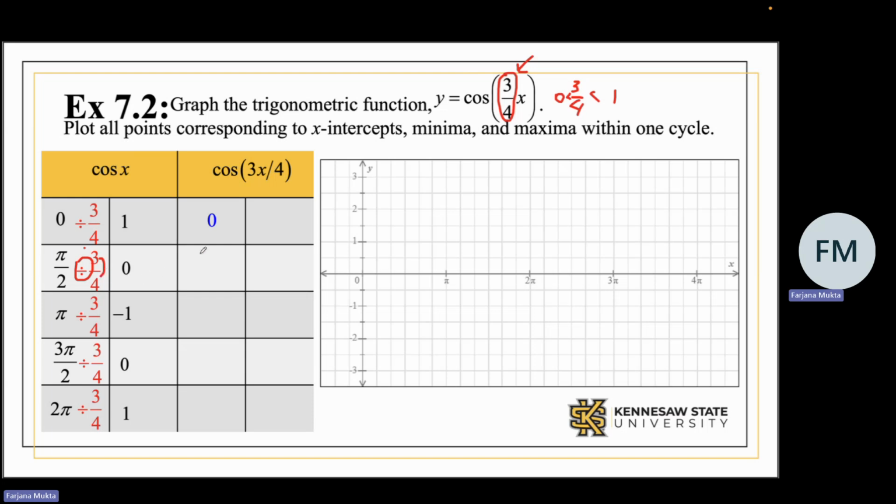And then we simplify. If we simplify pi over 2 divided by 3 over 4, there will be 2 pi over 3. Dividing pi by 3 over 4, that's 4 pi over 3. Dividing 3 pi over 2 by 3 over 4, that's 2 pi. And dividing 2 pi by 3 over 4 is 8 pi over 3. So these are our new angles.